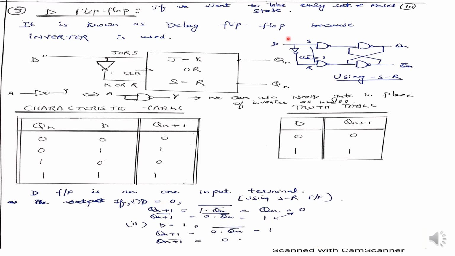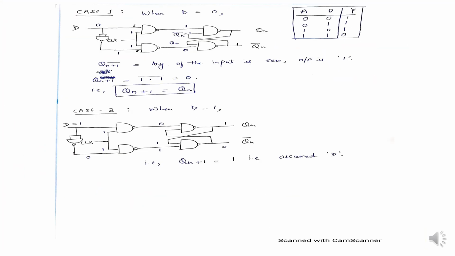If D equals 0, so we have applied D equals 0 here. Okay, we applied D equals 0. I will explain it to you in the next slide. In the next slide I have made it so that this will be clear to you. In this one, as you can see, when D equals 0, you all know the truth table of the NAND gate.